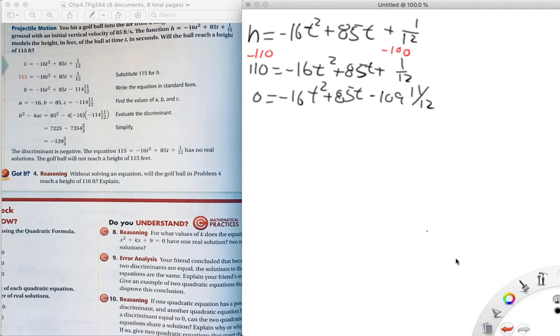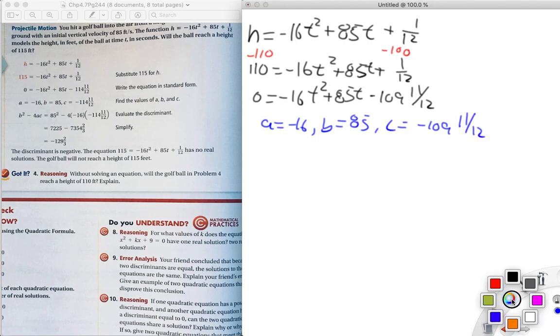Okay, alright, a is equal to negative 16, b is equal to 85, and our c is equal to negative 109 and 11/12. Alright, so we know that our equation that we're plugging into is b squared minus 4ac.